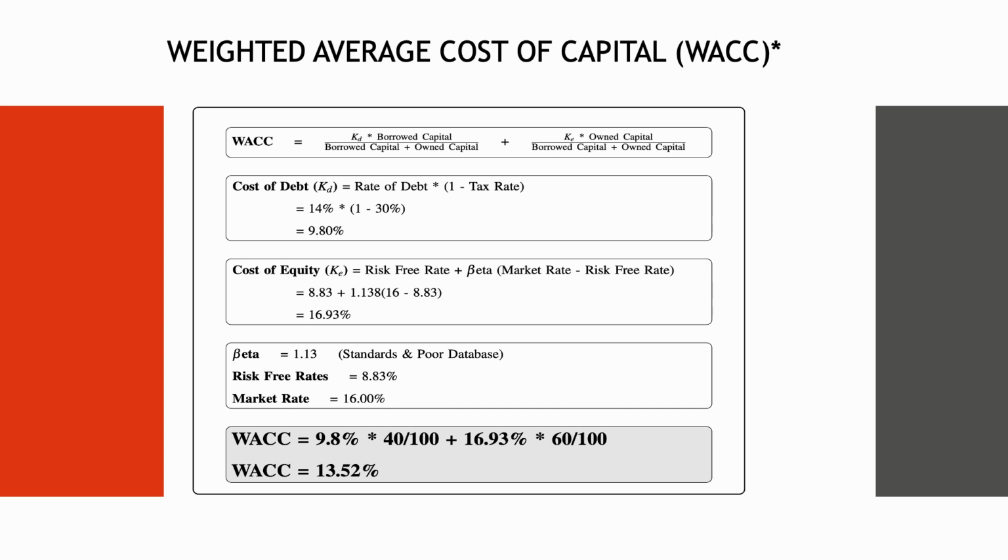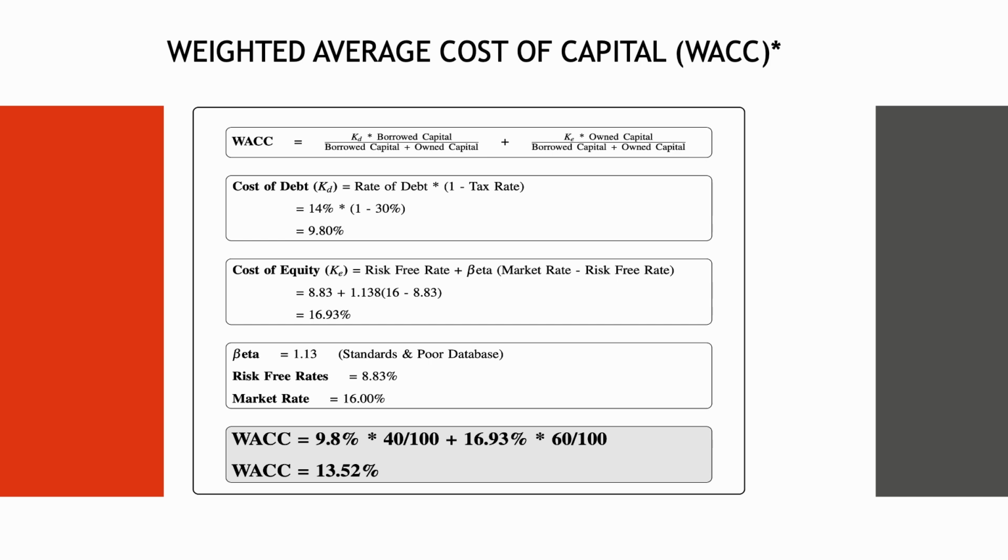Okay? So your borrowed capital is 60 million and your owned capital is 40 million. Your total borrowed plus owned, which is your overall capital, therefore, is 100 million.